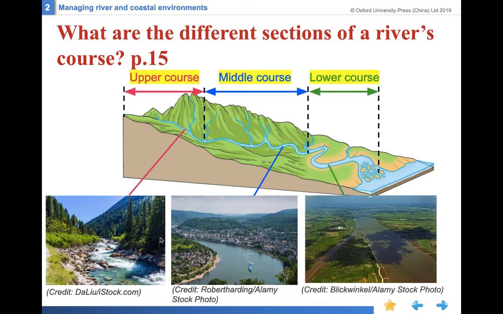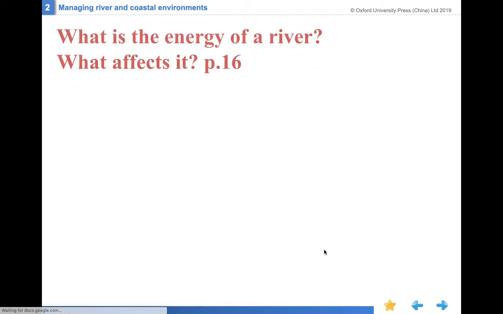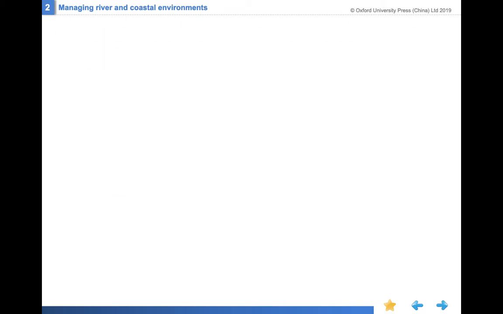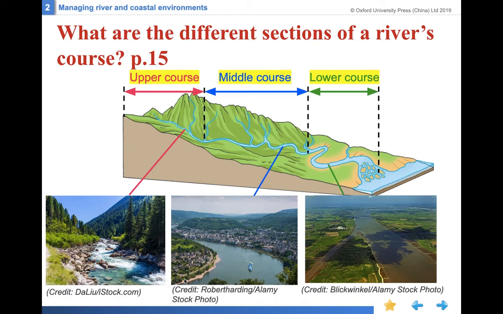So in real, it looks like this: 1, 2, 3, upper, middle, and the lower course. So you can see in different courses, the width, the strength, the shape, and also the sediments are different, right?